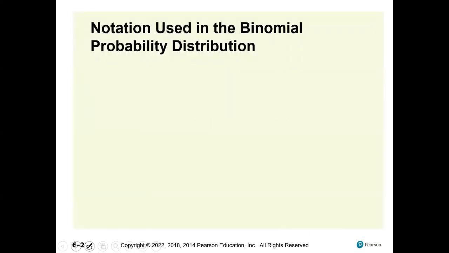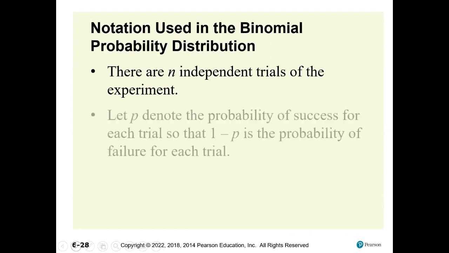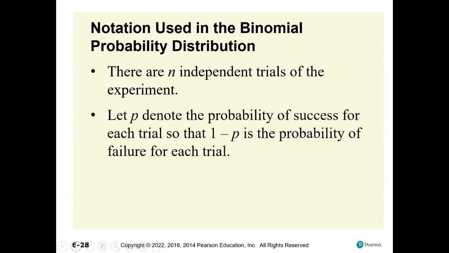All right, what happens in a binomial probability distribution? We will have n independent trials of an experiment. We will have a P, which denotes the probability of success for the trial. So if we subtract that value from 1, that is the probability that we fail.